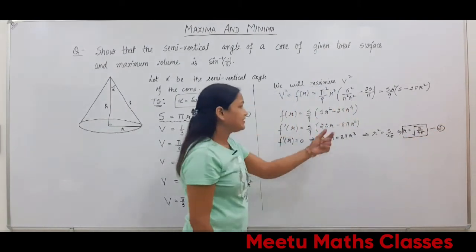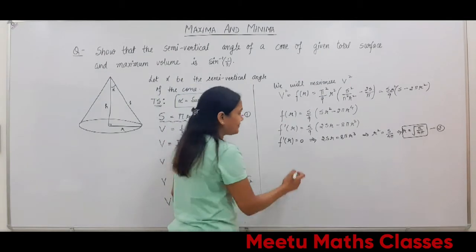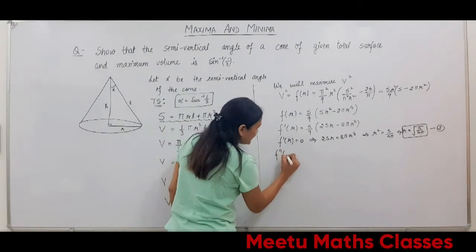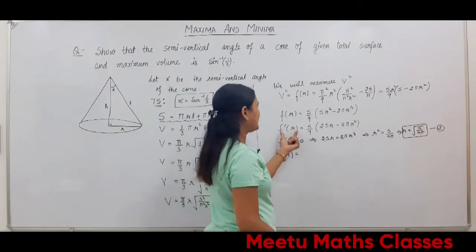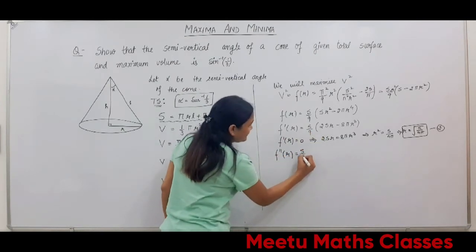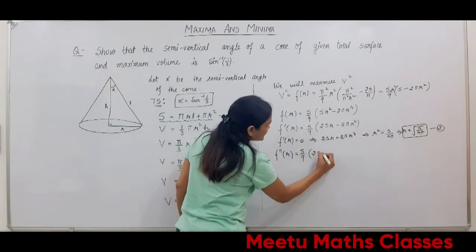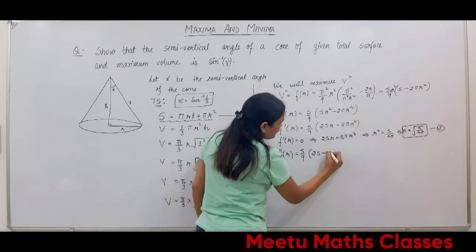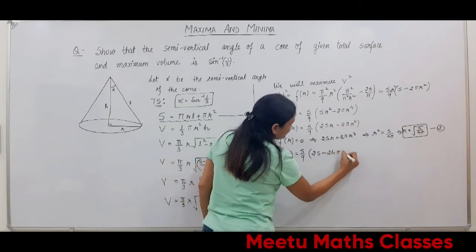Now you have to check whether this is a point of maximum or minimum. So let us find out the second derivative. The second derivative is s by 9 times 2s minus 24 pi r square.